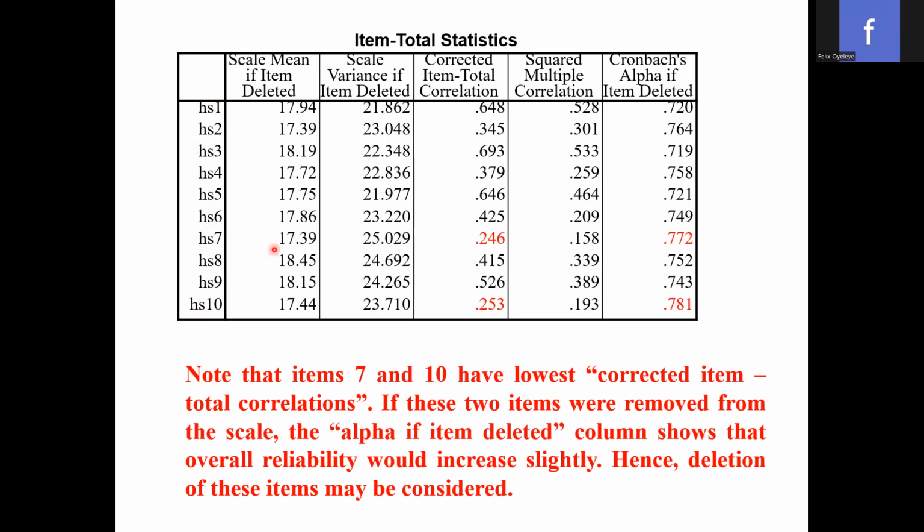You may decide to adjust, modify, or completely remove those questions from your questionnaire so that the Cronbach alpha can actually increase. So it's either you delete it or you adjust it accordingly.